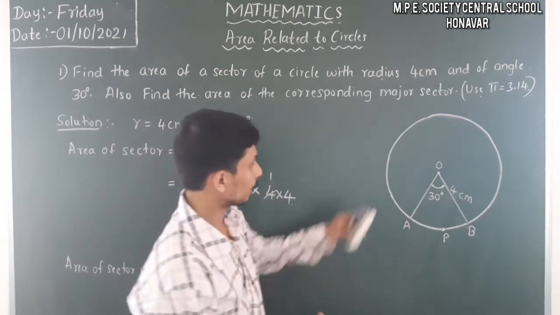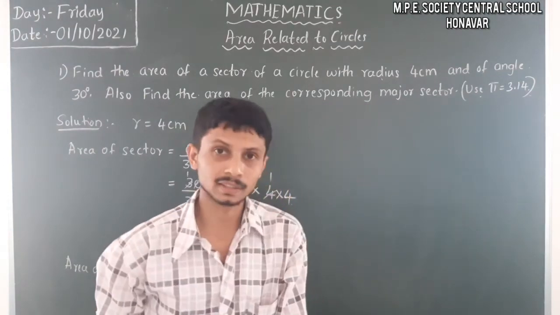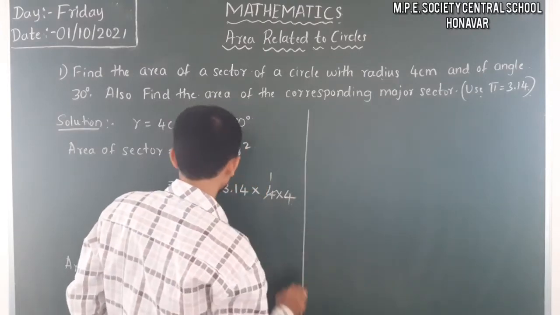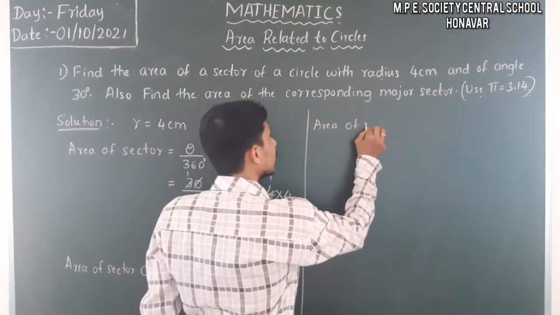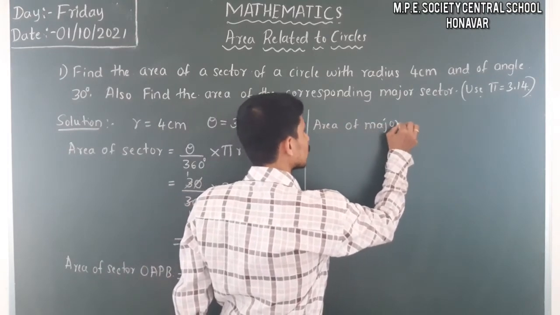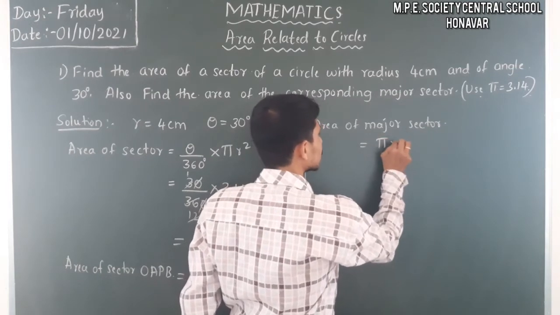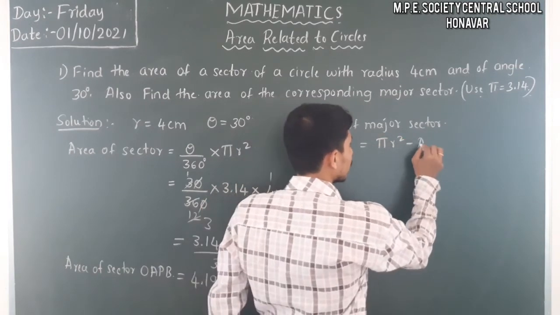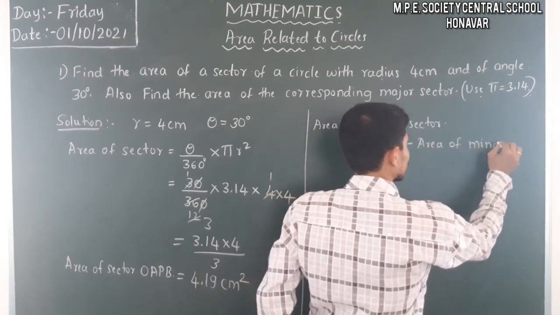I will rub this part here to find the corresponding major sector. Then area of major sector is equal to pi r square minus area of minor sector.